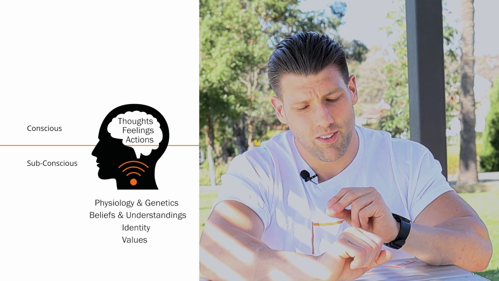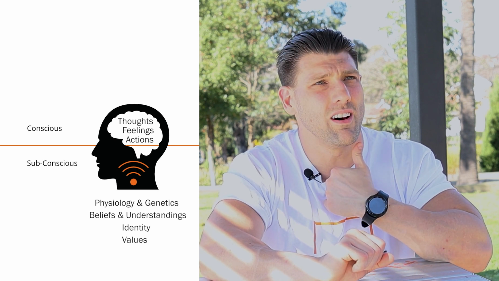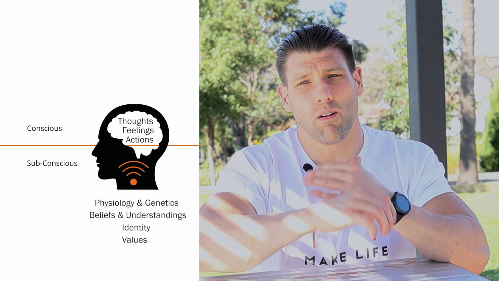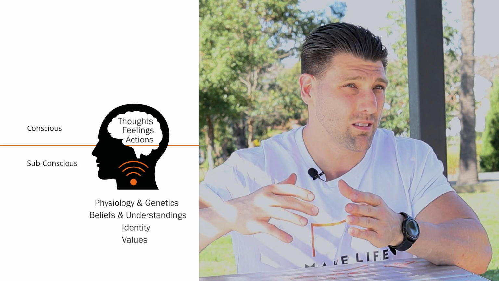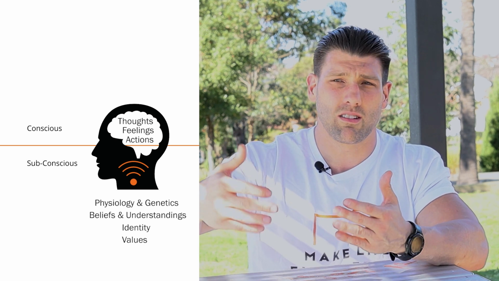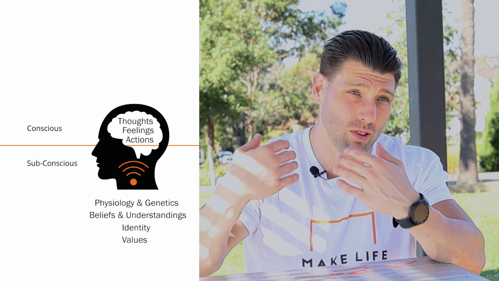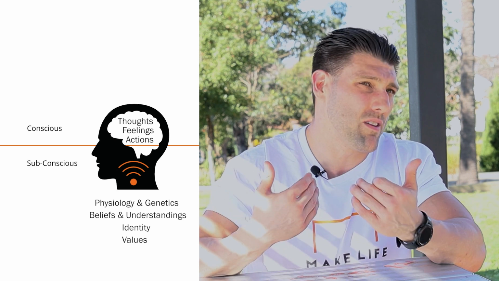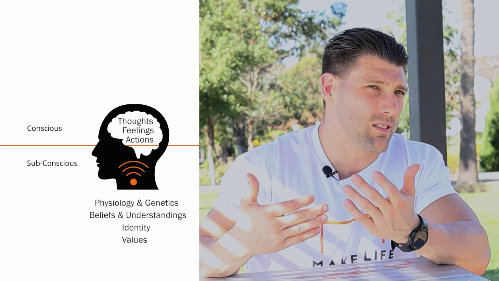So if I have an identity as a fit, muscular person, then I'm going to have a set of motivations that naturally emerge. My identity tells me I need to be that. If I start to lose some muscle, I'll be motivated to start training again.